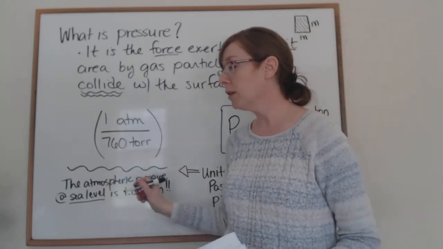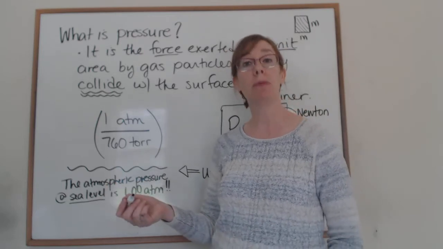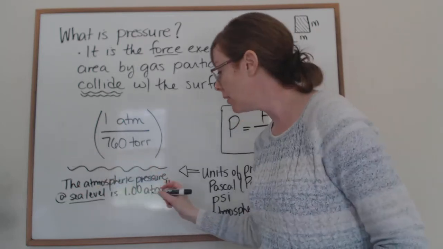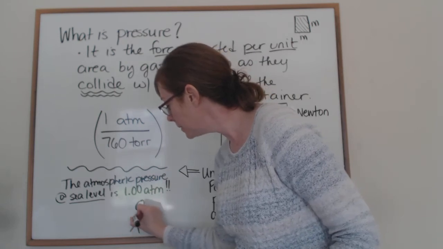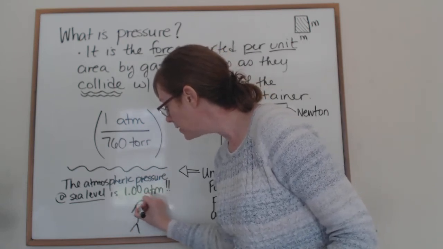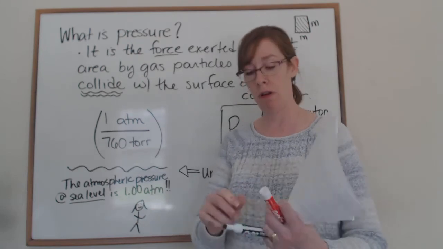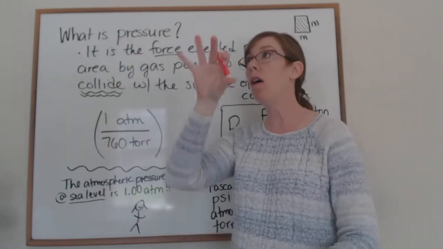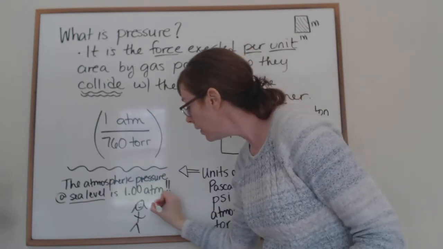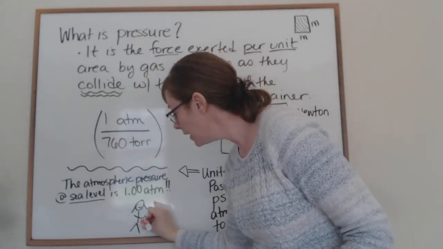And what is atmospheric pressure? Atmospheric pressure is just simply the pressure of the air in the atmosphere. So for instance, I'm standing in a room, this is me, okay? And because of the fact that there's air all around me, there's gases all around me, there's gases all around you. And what are they doing? They are hitting me.